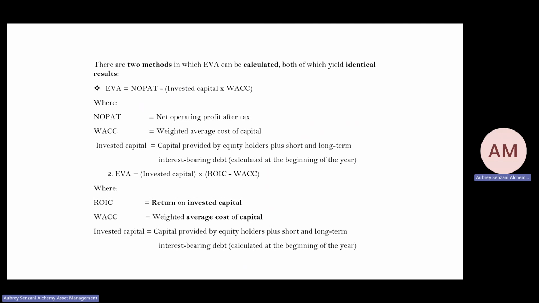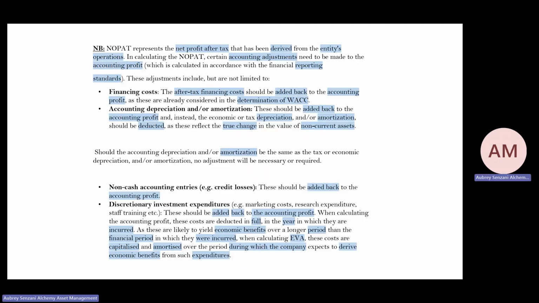That's what WACC stands for. The second formula that we can utilize to calculate EVA is your invested capital times your return on invested capital minus your weighted average cost of capital. You can use either one to get to the same economic value added.